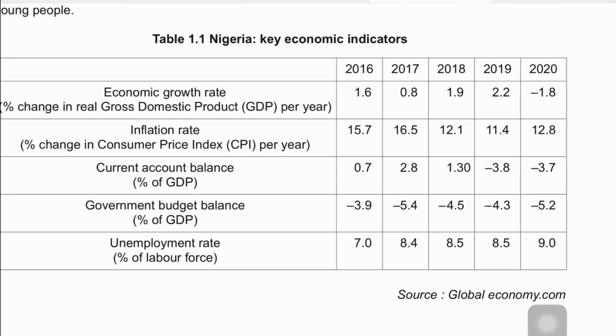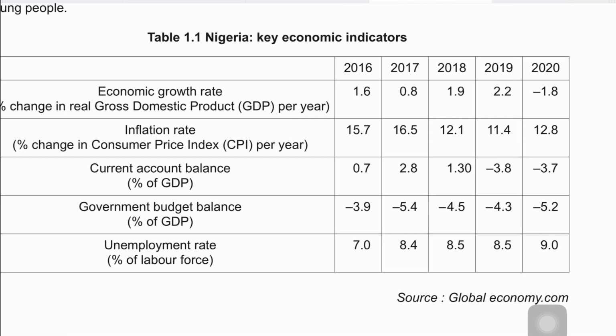But if you look at 2016, the budget balance as a percentage of GDP was 3.9%, which was negative 3.9%. Negative is indicating it's a deficit. And then in 2020 it was 5.2%. So if you compare the budget balance in 2016 with the budget balance in 2020, it simply shows that the deficit has increased. Now, in your answer, you are not supposed to write the values.